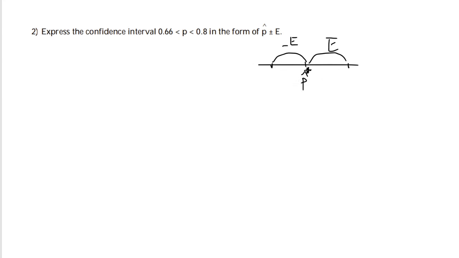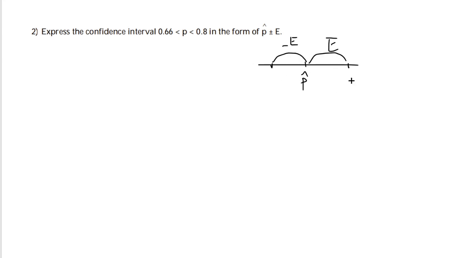It's obtained by having p hat, our point estimate, and the maximum possible value is the point estimate plus the error, right here. Or not maximum possible, since possible values can even be beyond this, because this is really under some confidence.